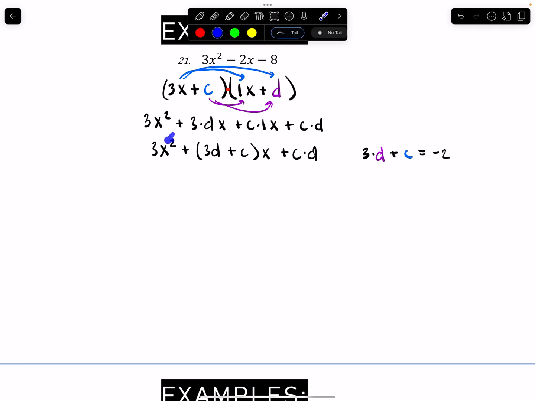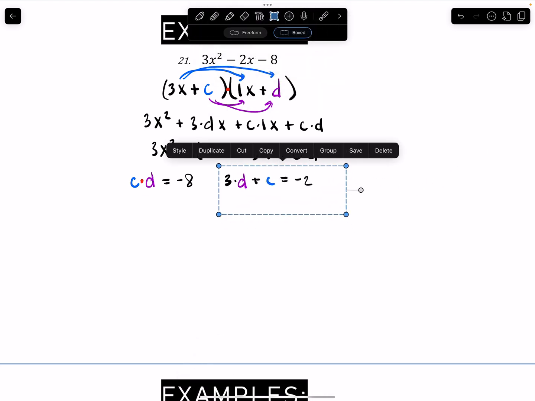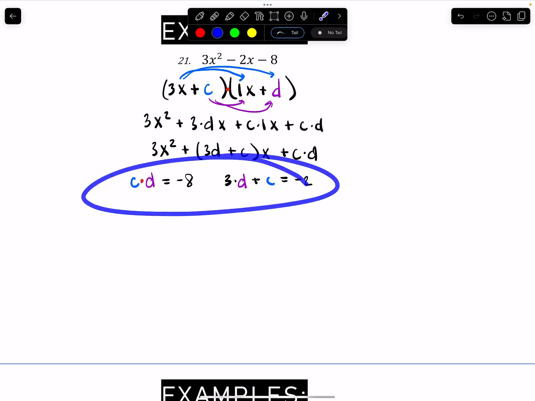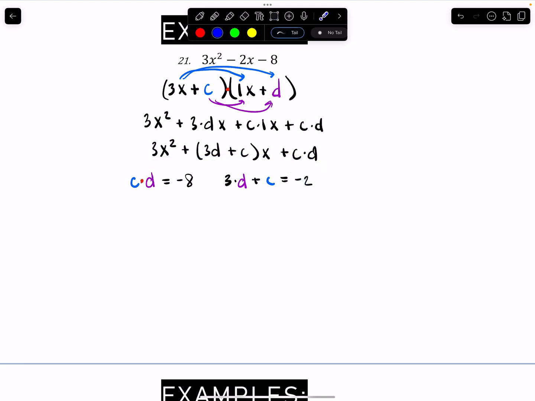And then that deals with our 3x squared and our -2x. So then C times D must give me a -8. I'm actually going to write that right here. C times D should give me a -8. Okay, so now we need to figure out what the D and C are that satisfy both of these. Well, there's a lot of different things that can add to give me a -2, right?